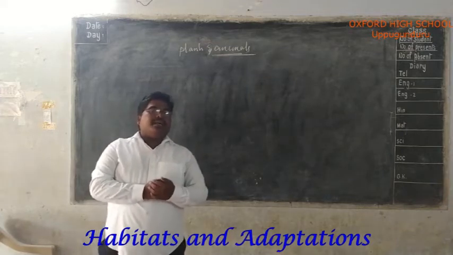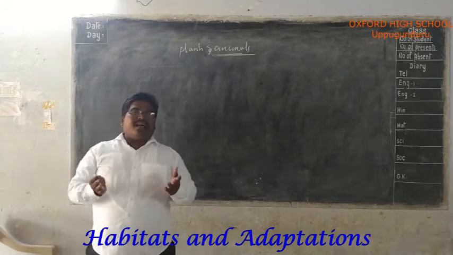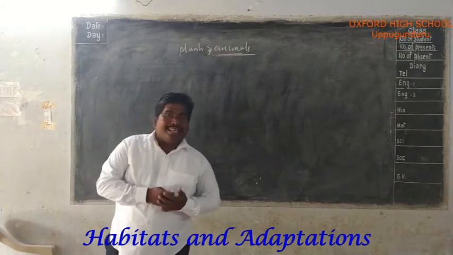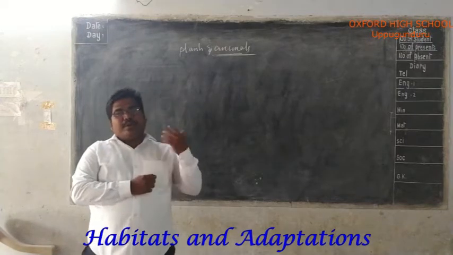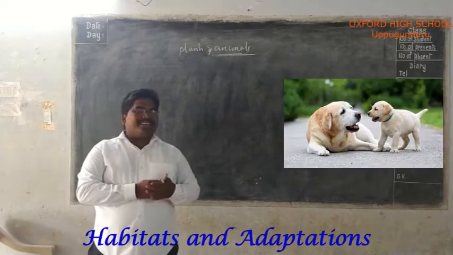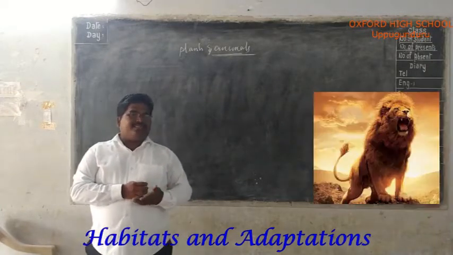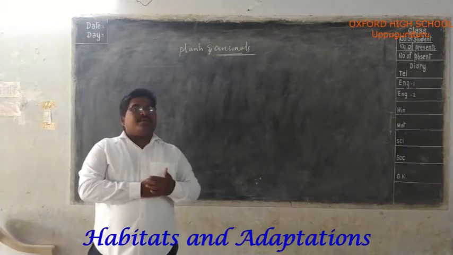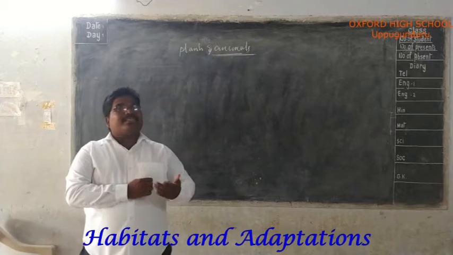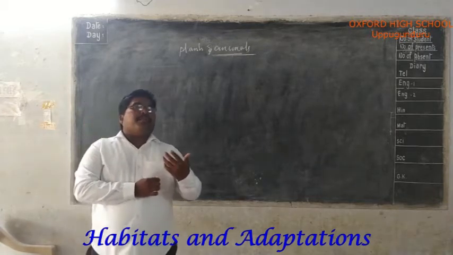Think about the animals that are present around us. There is a variety of plant and animal kingdom around us. Different types of animals are there. You know many of them. Dogs, horses, cats, rats, bulls, lions, tigers, wild animals, fishes, all these animals are specialized to live in their particular place.